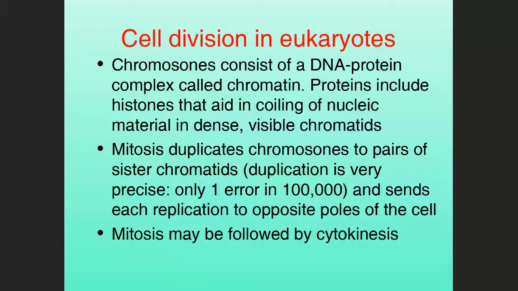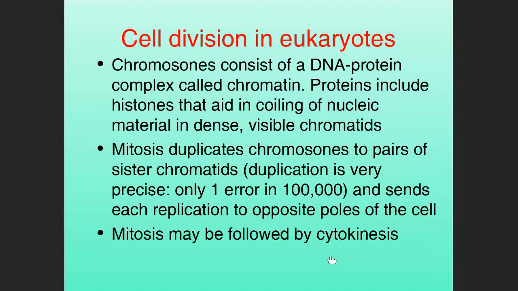Cell division in the eukaryotic cells. In eukaryotes, the chromosomes consist of a DNA-protein complex called chromatin. Proteins include histones that aid in coiling of the nucleic material into dense visible chromatids. Mitosis duplicates chromosomes to pair as sister chromatids. Duplication is very precise.